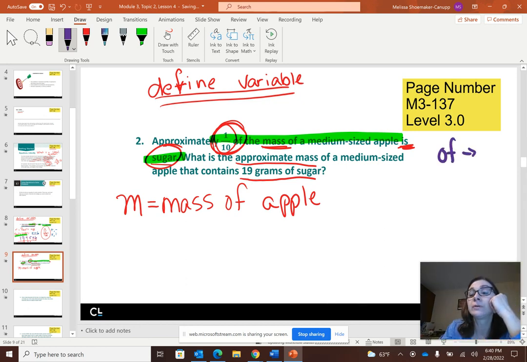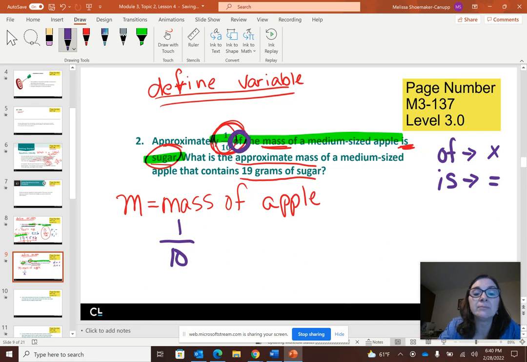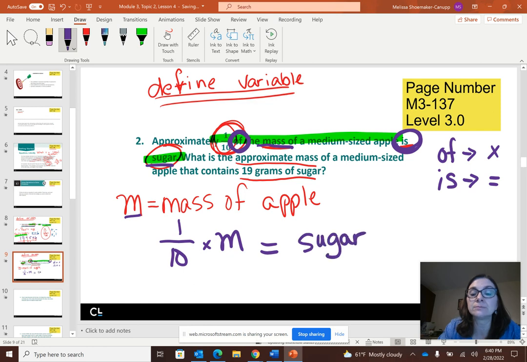Of is multiply, is means equals. We did that a long time ago. So the 1/10 of means multiply. The mass, which I'm saying is an M, is sugar. That's the amount of sugar.